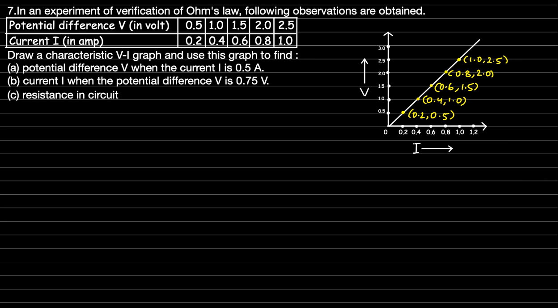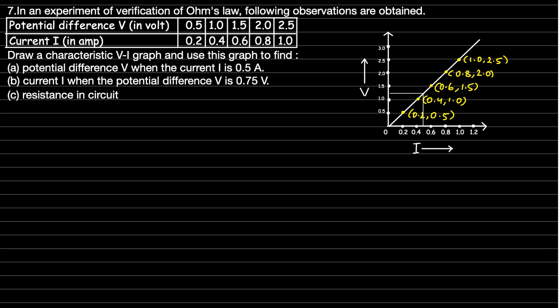So we need to find few things here. Potential difference V when current is 0.5 amperes. So at 0.5, if we have to find the potential difference, there are few ways of doing it. The first way is through the graph. So if it is through the graph, we will be drawing a line from 0.5. So this is 0.5 here. So 0.5 we draw a perpendicular line and this line we draw at this side.